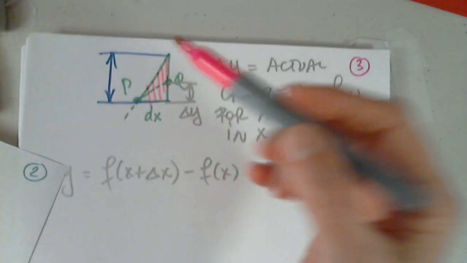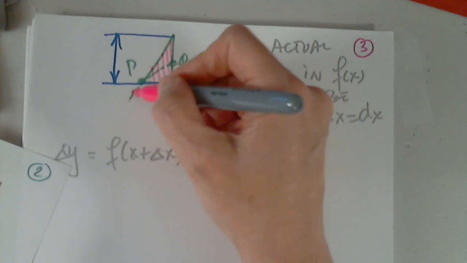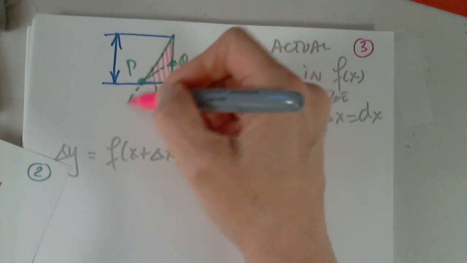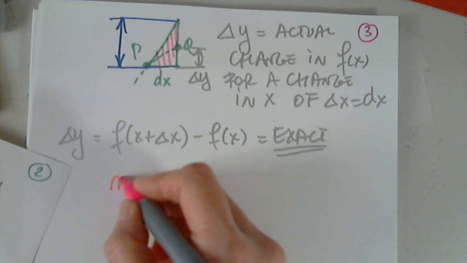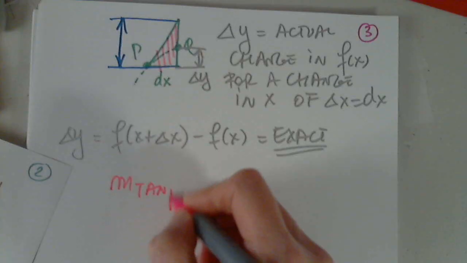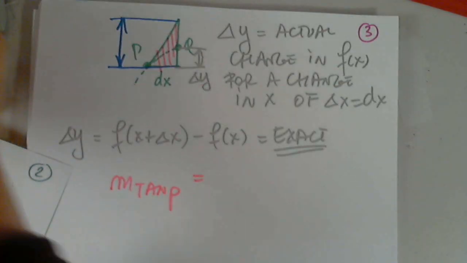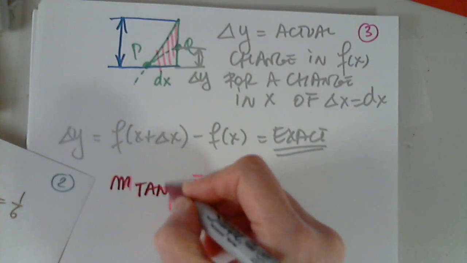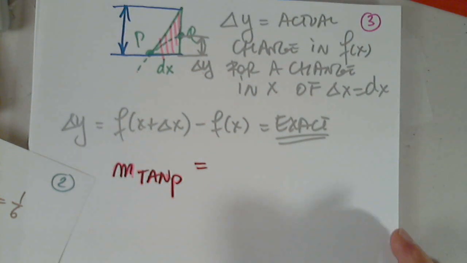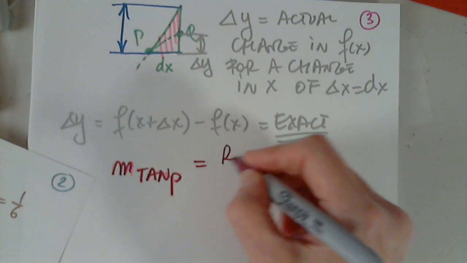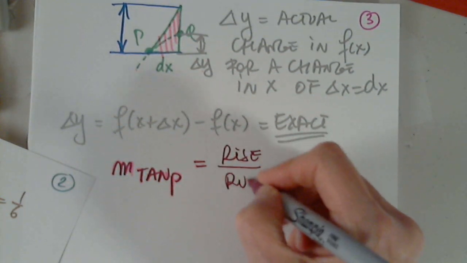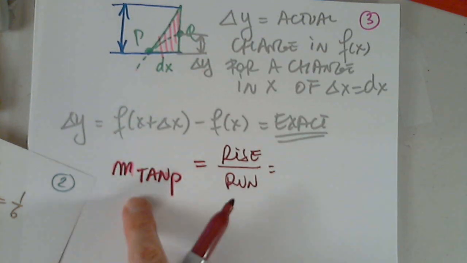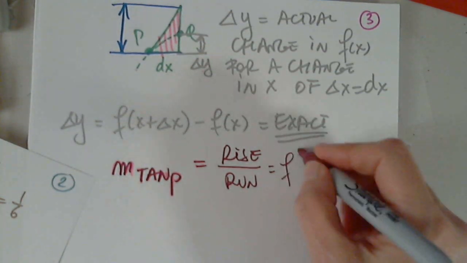In this triangle, the slope of the tangent at P is rise over run, and also because it's the slope of the tangent, it's f prime of x.